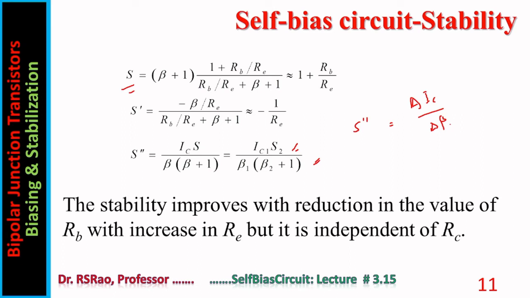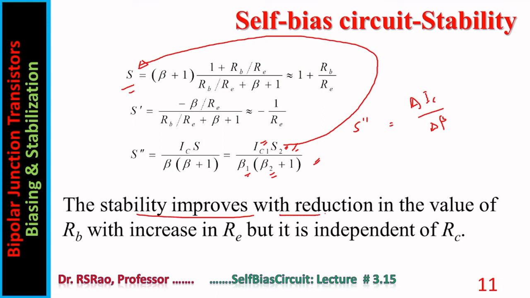IC2, beta 2 may be the values after the change. So now we have some understanding of IC1, beta 1, and beta 2. Then what is S2? S2 refers to the S value when IC equals IC2.